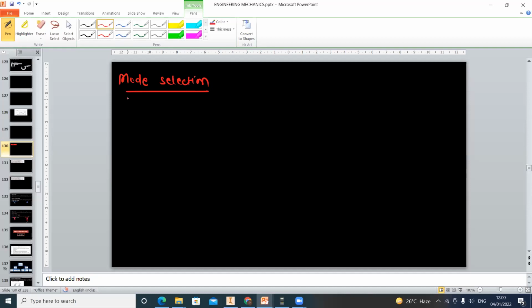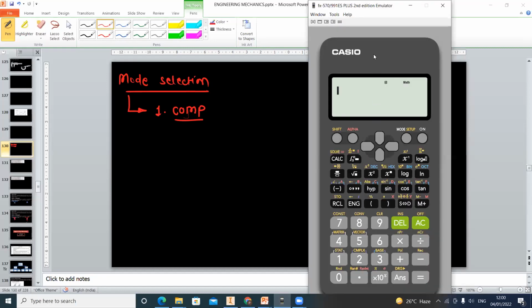For most of the calculations in mechanics, you will require the COMP mode in your calculator. So how to select this COMP mode? I hope this is visible to you.